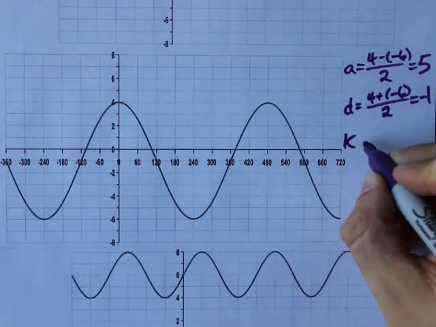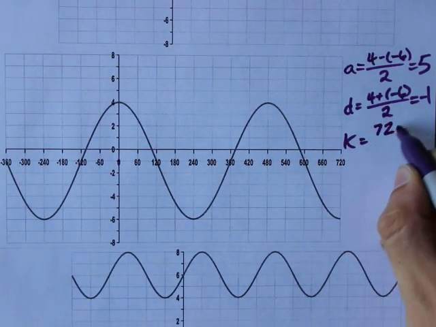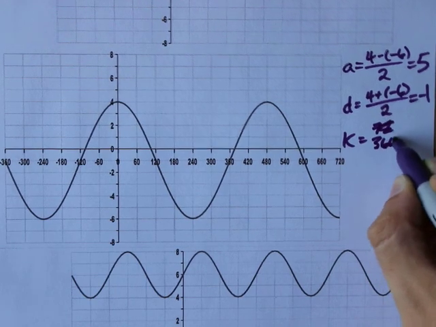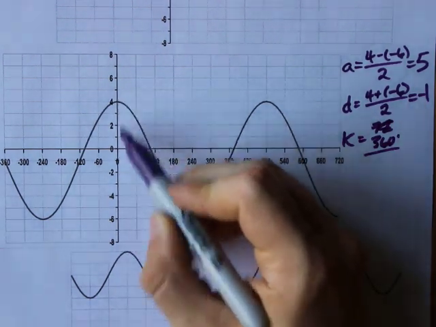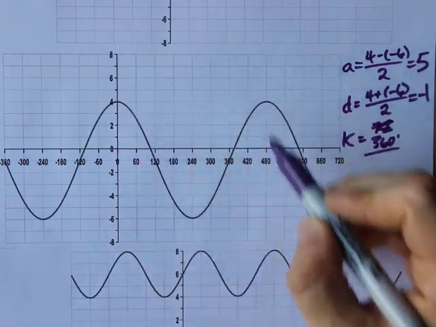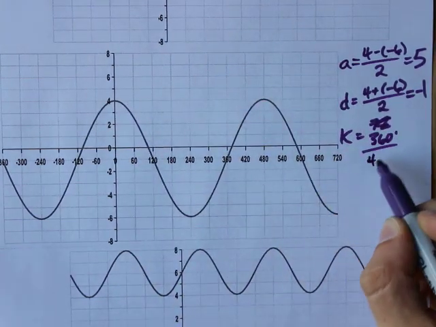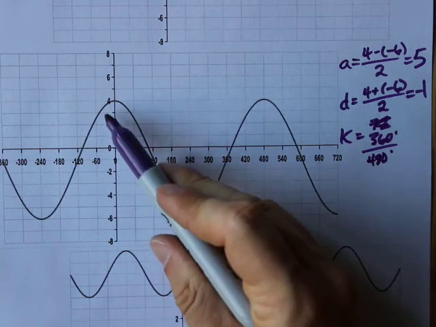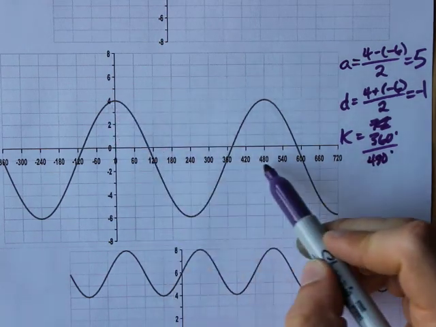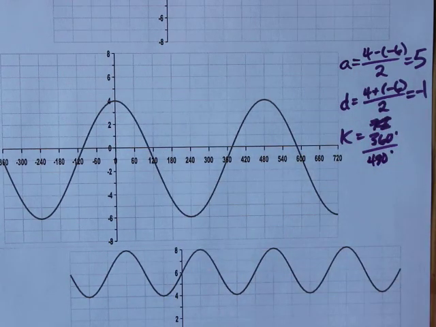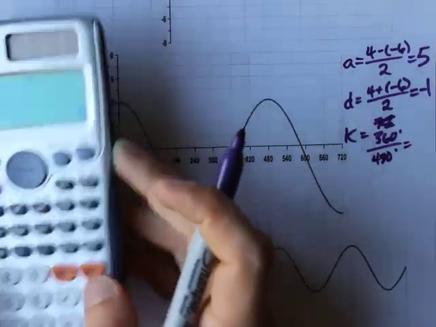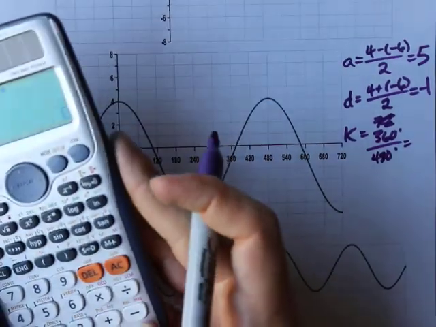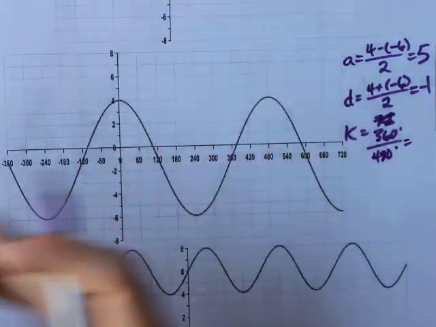My K is dependent on the period. Oops, 360 degrees divided by the period. One of my maxes is at 0 and the next one's at 480. So I can just plop 480 in there because I know the difference between 0 and 480 is 480. And when I reduce that on my calculator, 360 over 480 gives me 3/4.